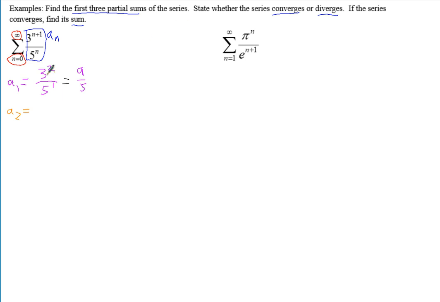I accidentally plugged in 1, when actually I should have been plugging in 0. So when you plug in 0, the starting number, it would be 3 to the first over 5 to the 0. 3 to the first is 3, over 5 to the 0 is 1, so the first term is actually just 3.